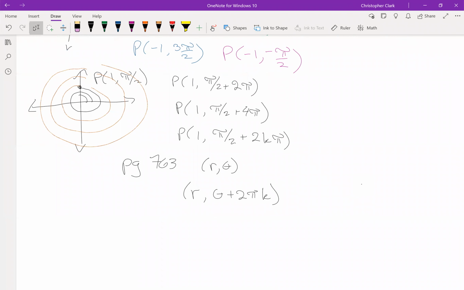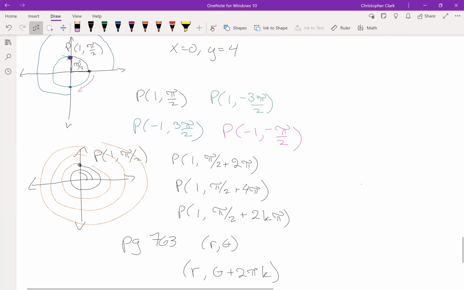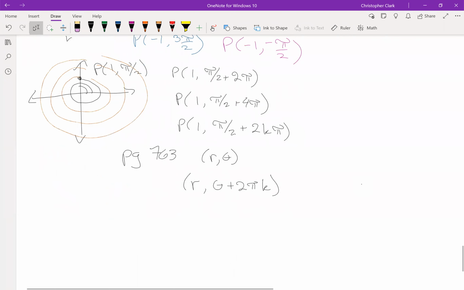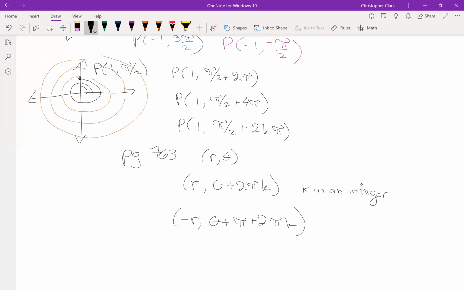But remember, we could also go with a negative r, just like we did up here. So we can also write this as (-r, θ + π + 2πk), where k is an integer. So as we can see, this is going to be an infinite number of points that end up at the same position.